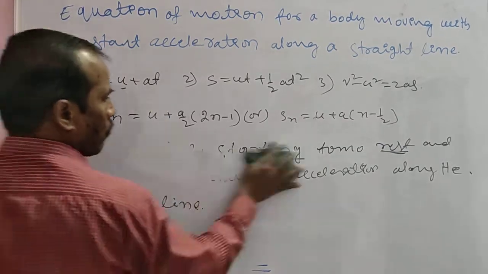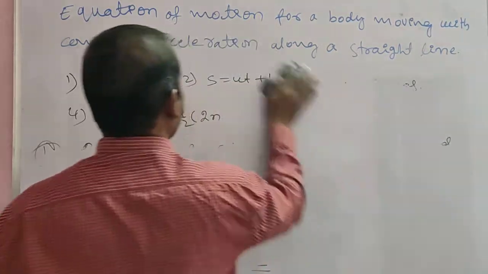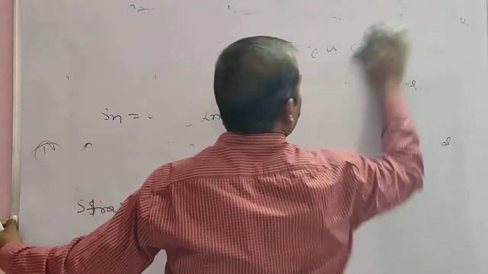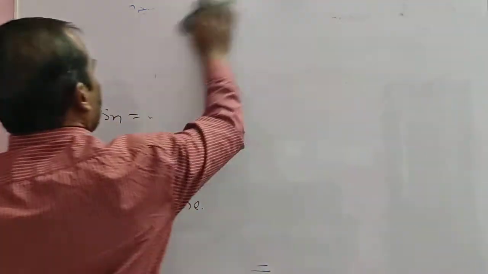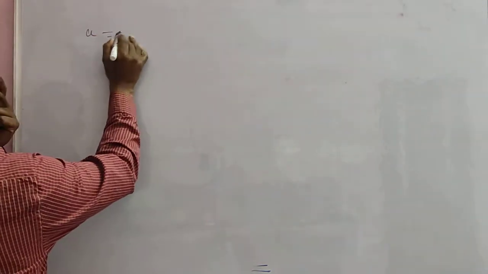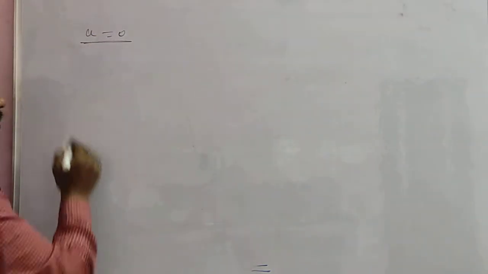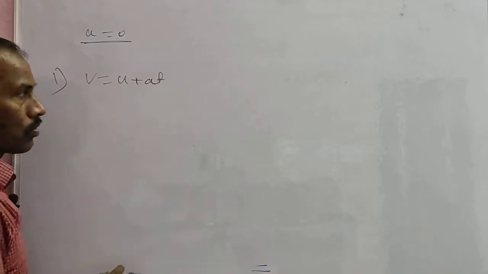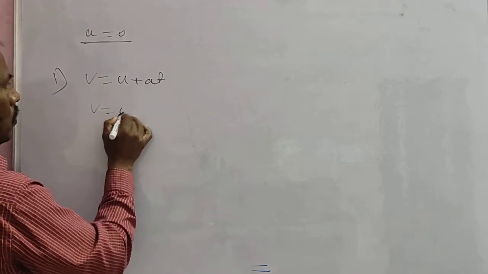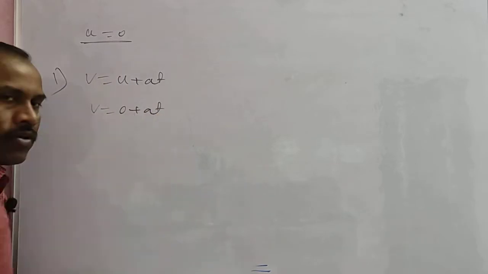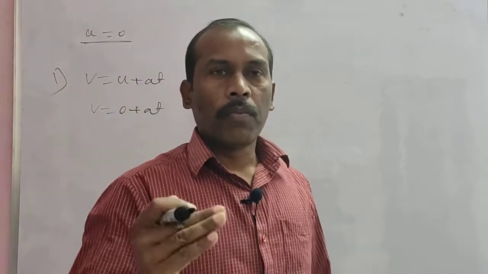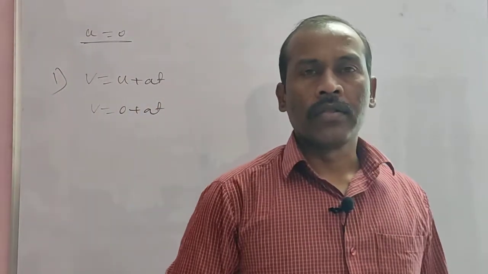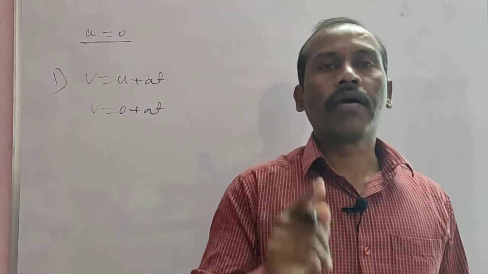Now the first equation: the initial velocity is 0, the particle is moving from rest, that means u = 0. The first equation v = u + at becomes v = 0 + at. a is a constant, since the particle moves along the straight line with uniform or constant acceleration.